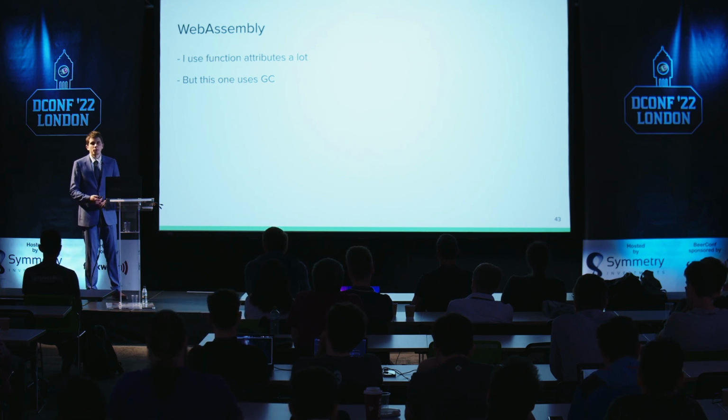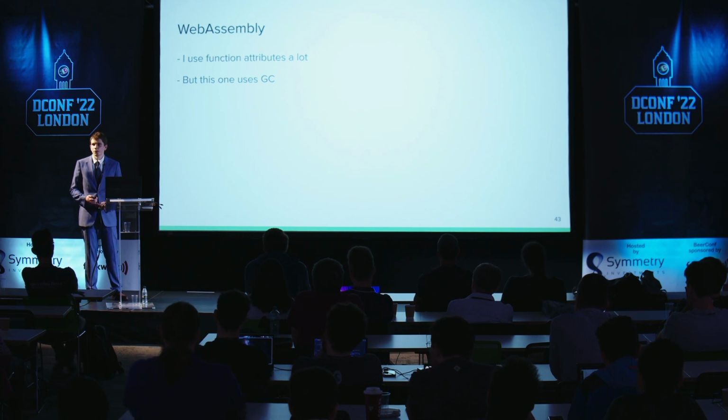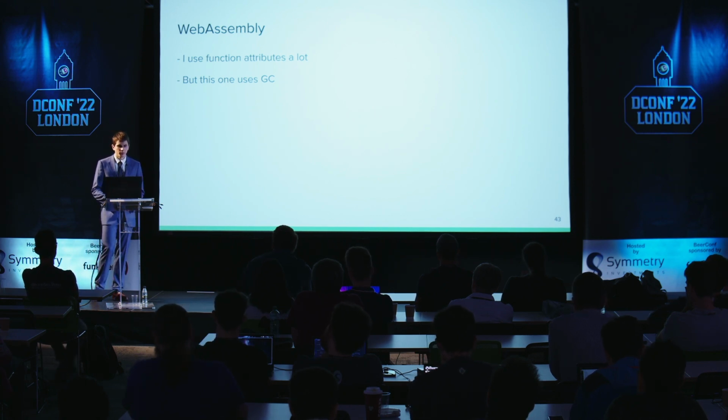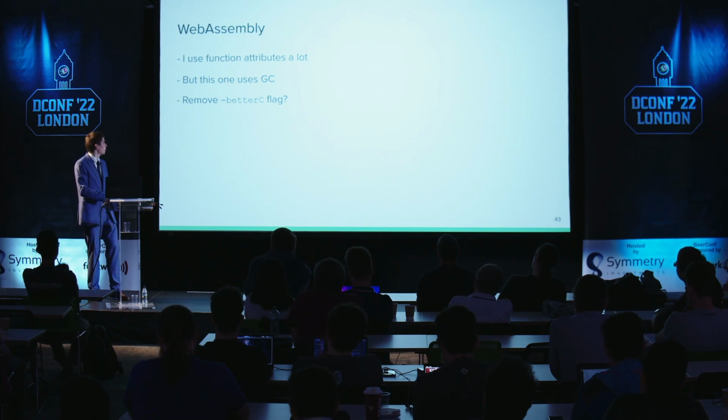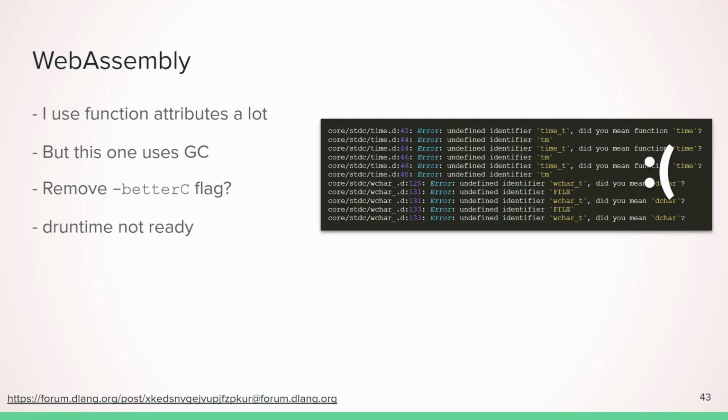So my previous WebAssembly example used the better C subset, but this one used the GC. So what happens if I remove the better C flag? Well, the runtime is unfortunately not ready for that yet. Currently, there are a lot of errors because it doesn't define certain C constructs for the WebAssembly target.